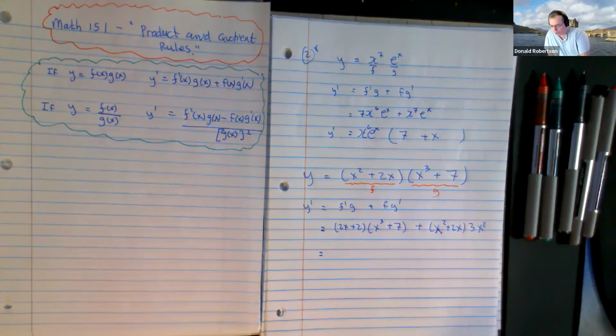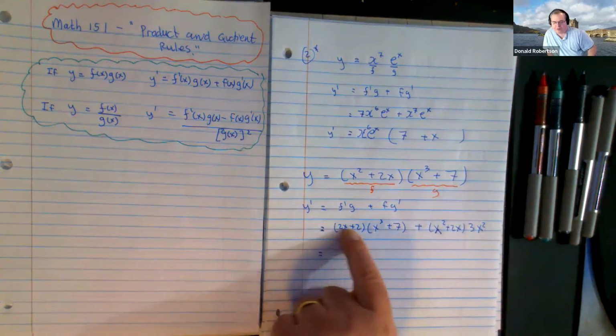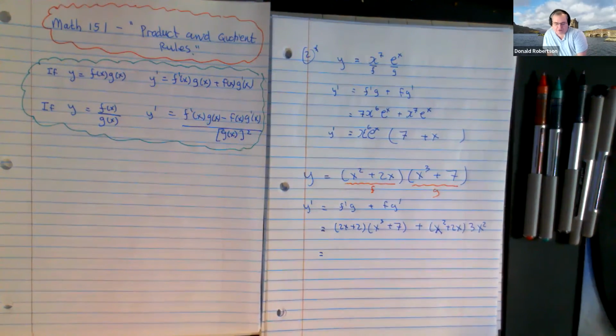A lot of people just want to leave it that way because they think they've done enough, but we don't consider that good form. So we need to do some style points on that. This one you have to do a little bit different from the other one. The other one, it was just pulling out some common factors. What do you think I'm going to have to do here to try and at least write it down in the way that it's expected to be written down?